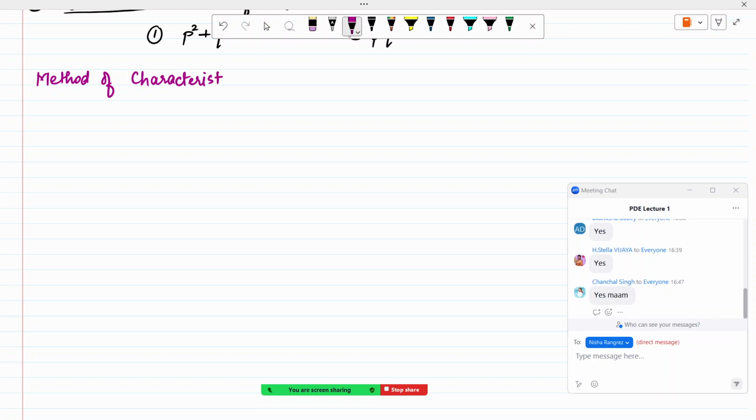Now what does the method of characteristics do? This is used to solve the semi-linear or the quasi-linear.